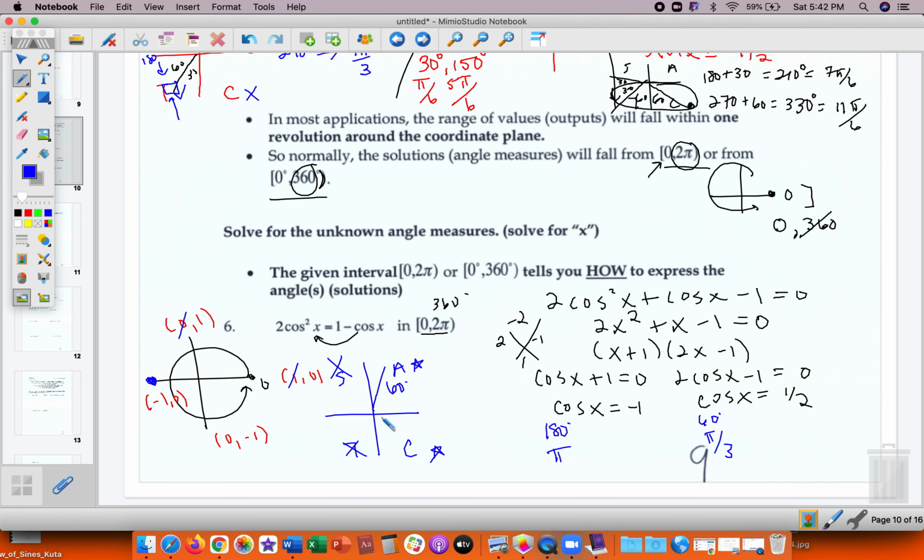And we also, all students, let's see, all students take calc. So down here, we have 360 minus 60, so 300 degrees is where we'll have that other value. So 360 and 180.